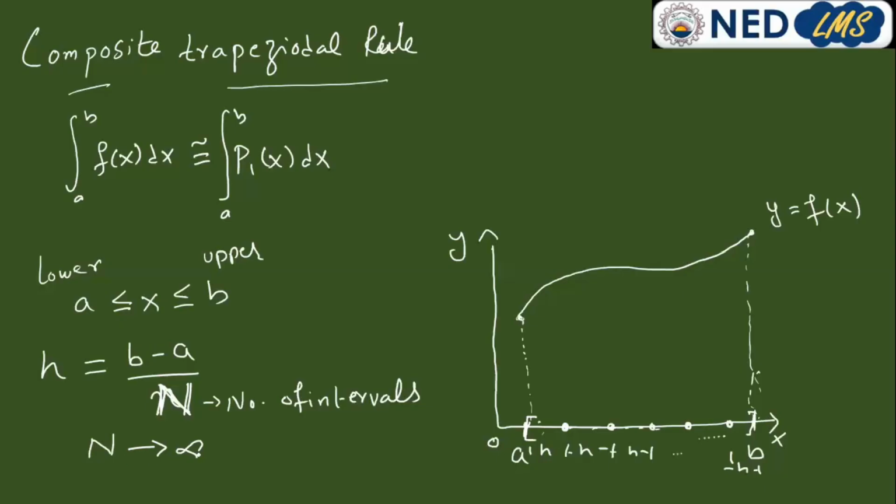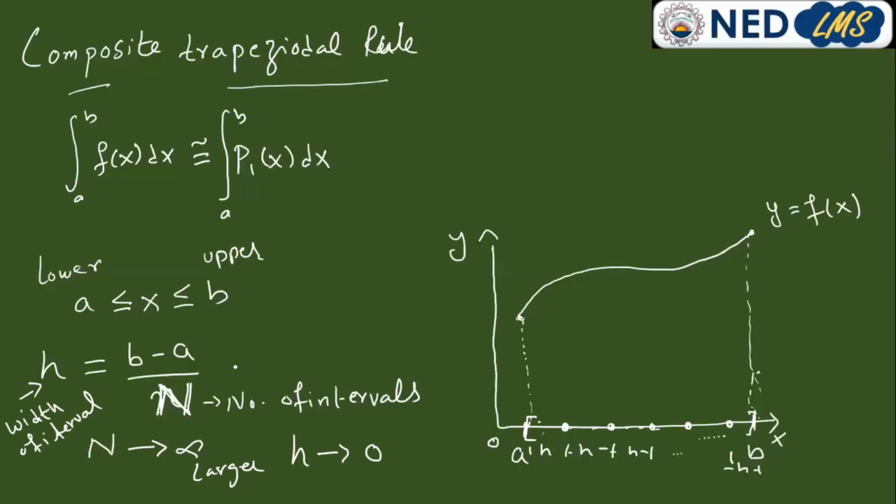If n tends to infinity, that is n becomes very large, then h, that is the width of the interval, goes to 0. So the width of the interval goes to 0. This is what you have to add.